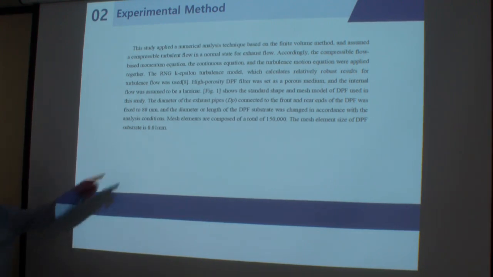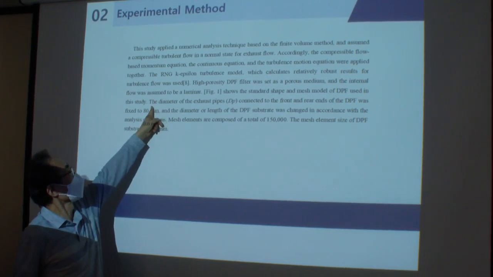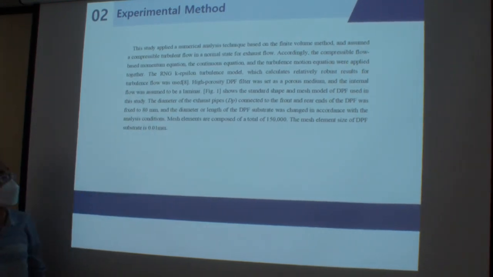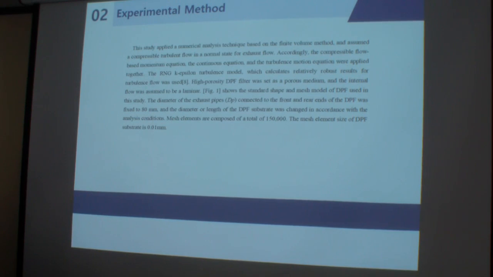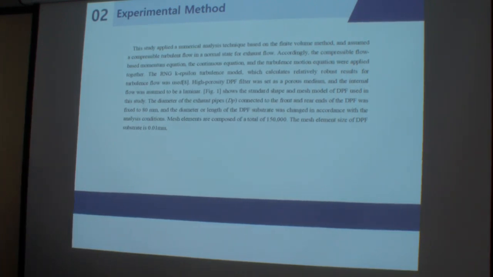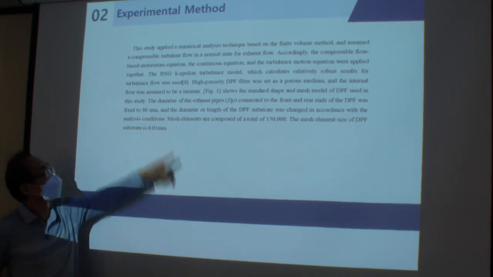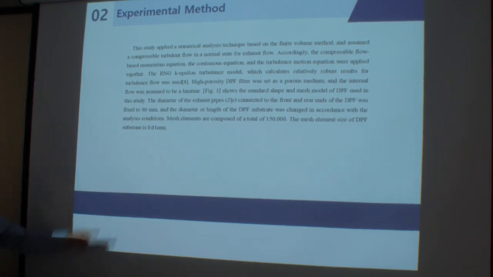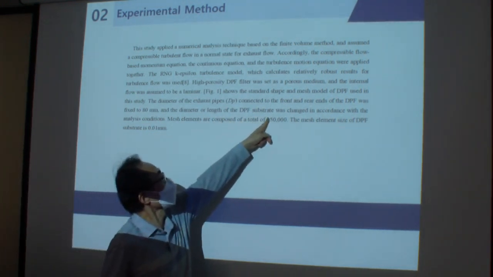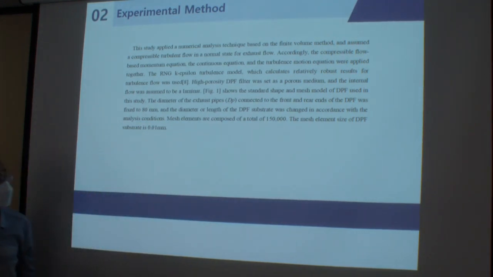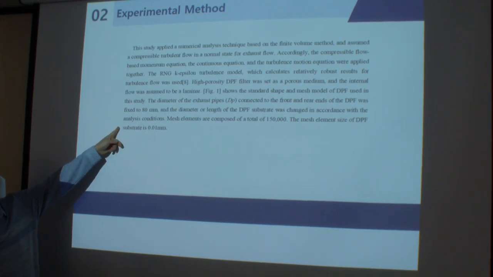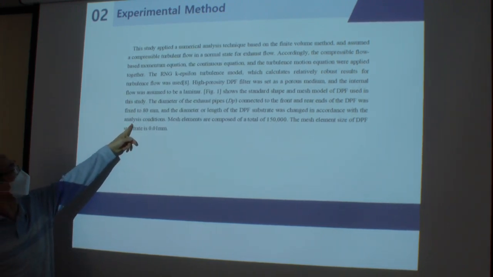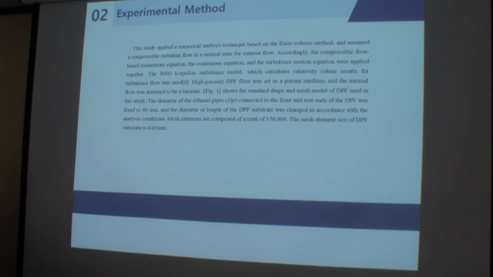And also, we have to understand the diameter. The diameter of the exhaust pipe connected to the front and rear end of the DPF was fixed to 80 millimeter. And the diameter and length of DPF substrate were changed in accordance with the analysis conditions.